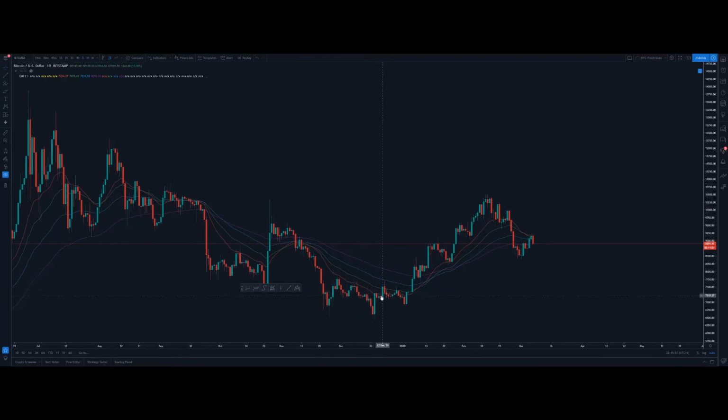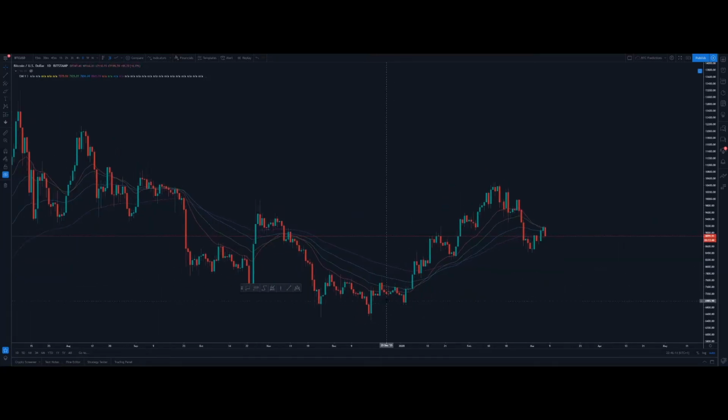This means that this red line is the 21 EMA. The next one is the 34, the next one is the 55 EMA, and the next one is the 89. You have probably recognized the sequence already.